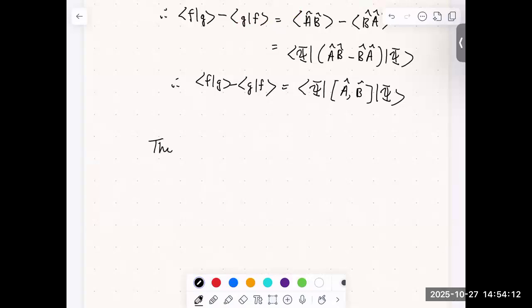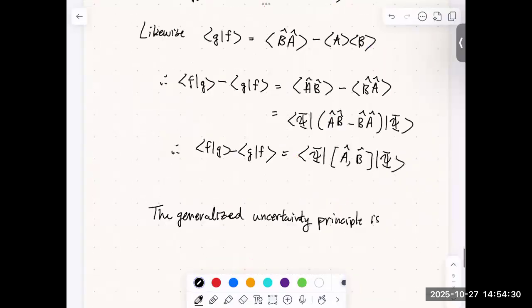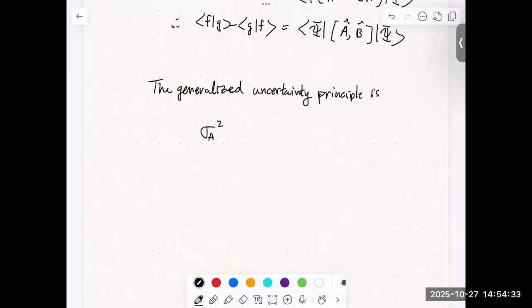So the generalized uncertainty principle is sigma A squared times sigma B squared has to be greater than or equal to, so there's a 1 over 2i, and now what we've worked out is that <fg> minus <gf> is just the expectation value of the commutator of the operators A and B.